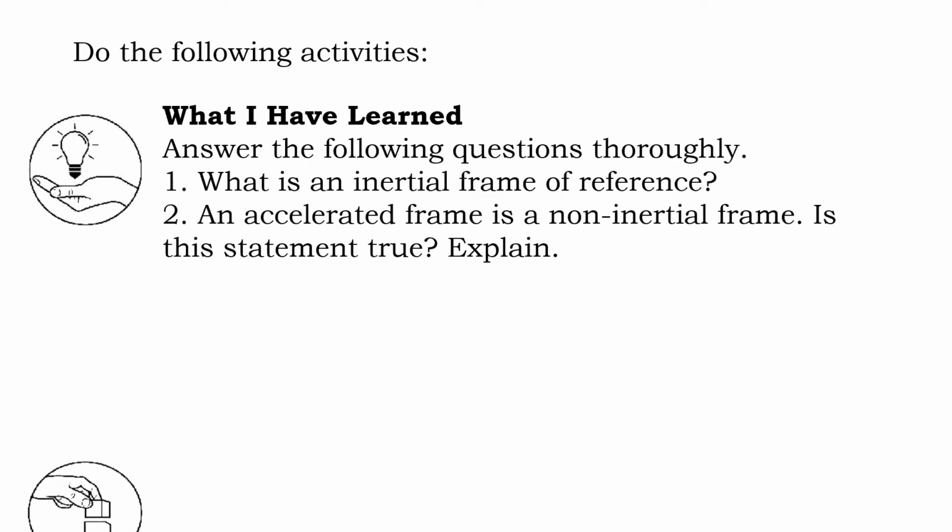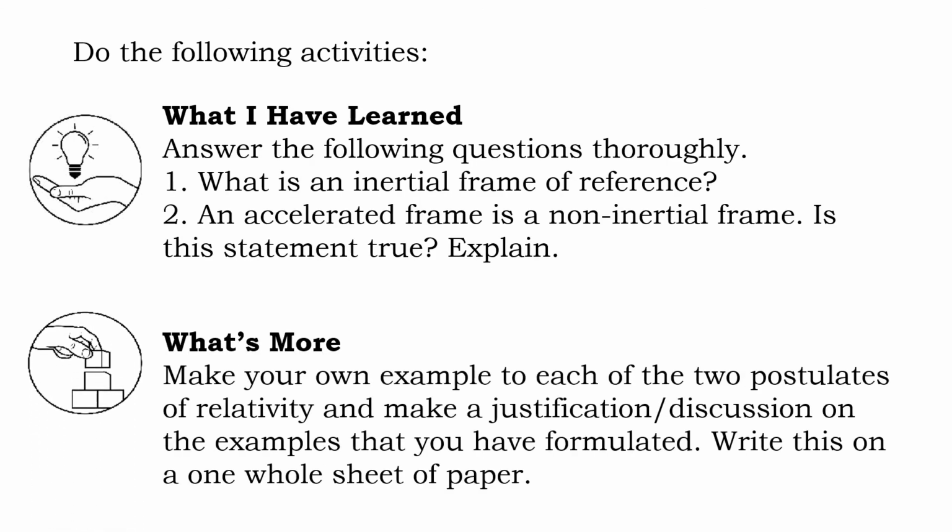Also, do not forget to answer the following activities: what I have learned and what's more, which are found on page 2 of your Module 5 in Quarter 4 of General Physics 2. After answering the activities, continue reading lessons 2 and 3 in your module. Once you are done with the rest of the lessons in Module 5, you answer the post-test.